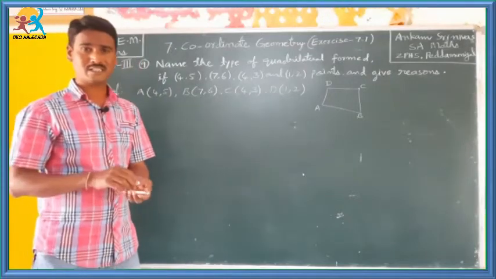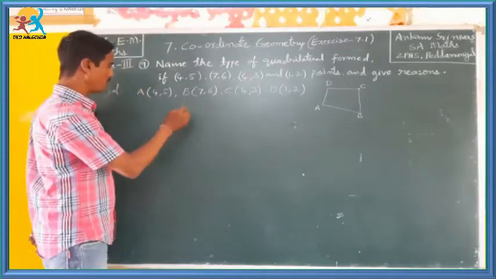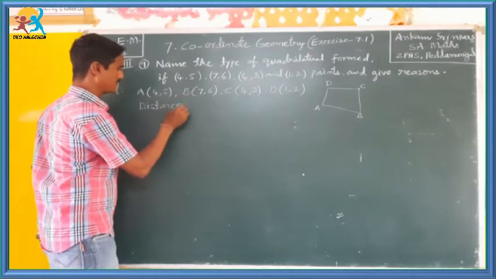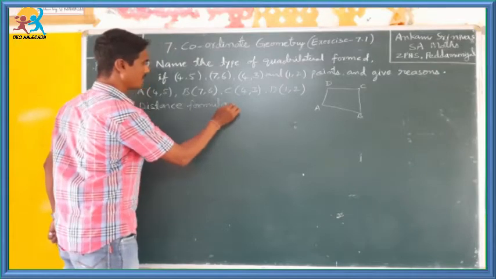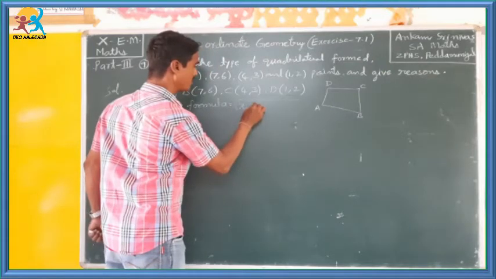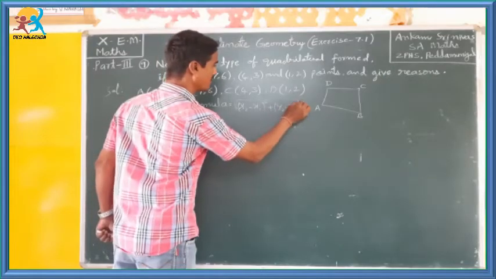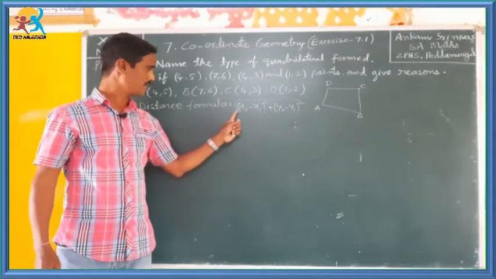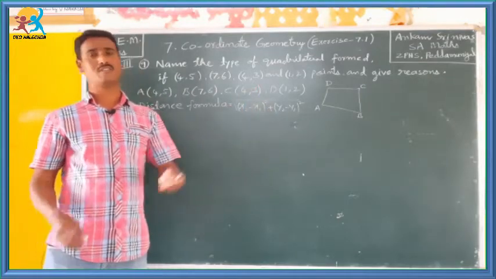Now children, we have to find the sides of quadrilateral ABCD. We know the distance formula to find the distance between 2 points: square root of x2 minus x1 whole square plus y2 minus y1 whole square.